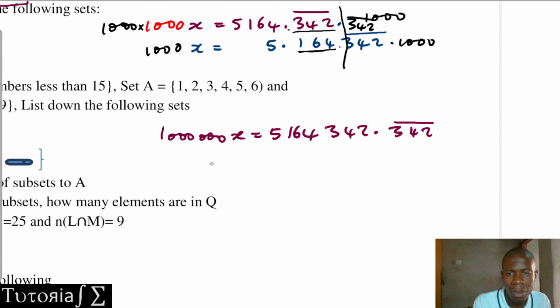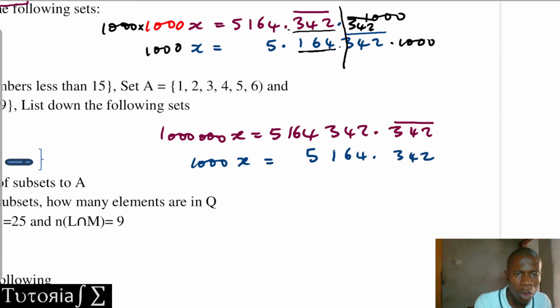And here we multiply by 1000, so that is 1000x. Let me just use blue here for the other part. 1000x equal to 5164.342 bar. So this is the part that is repeating.